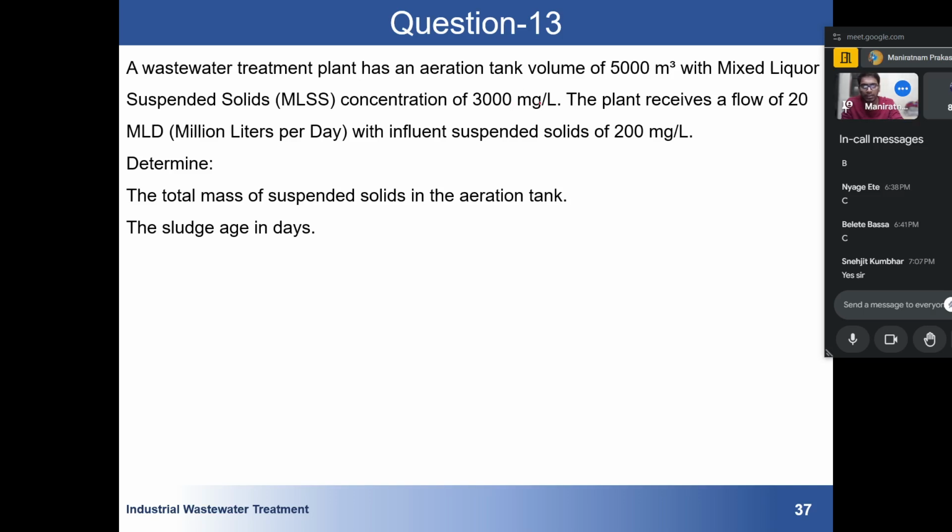Now if you have to convert milligram per liter into kg per meter cube, for that we multiply by 10 to the power minus 6, then it will be in kg, and to convert into meter cube we have to multiply by 10 to the power minus 3.